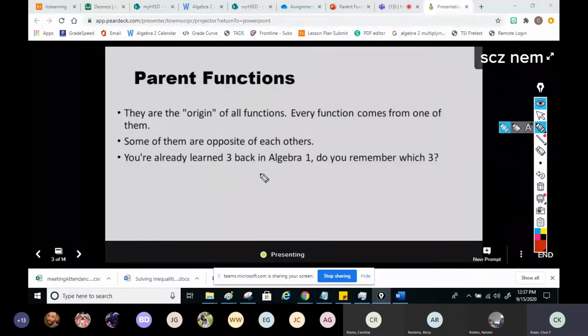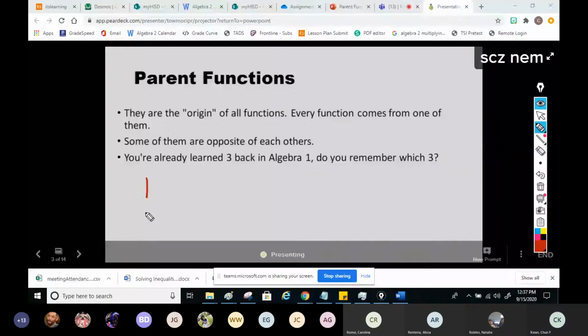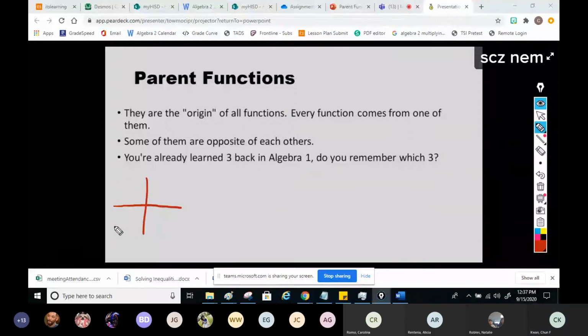So the first one that you learned in Algebra 1 is a straight line that goes up. So this is called linear. You guys already learned it back in Algebra 1. So basically, if you look at an equation that looks like something like y equals 2x, that is a linear function. So if it's a straight line, it's linear. You probably learned it back then.